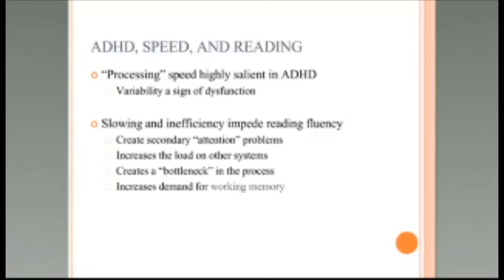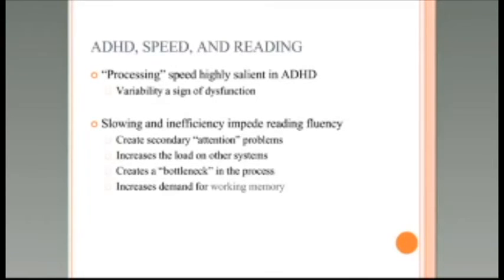And this slowing or inefficiency can impede their reading fluency, which is certainly critical for comprehension. So being a slow processor or a slow reader or an inconsistent reader can create secondary attention problems in that it may take much longer to get to the end of a passage, in which case there's a lot more information to be held on to and remembered.